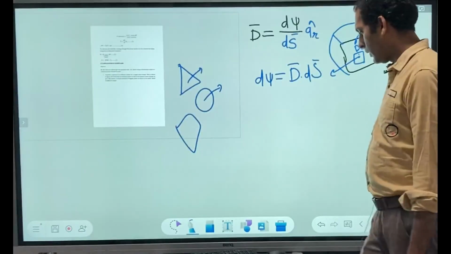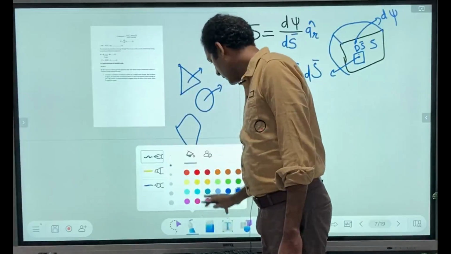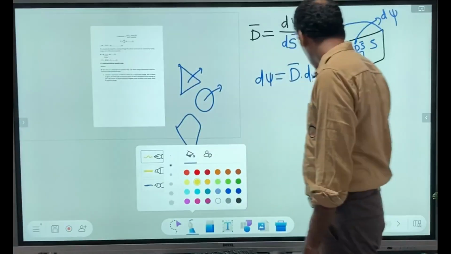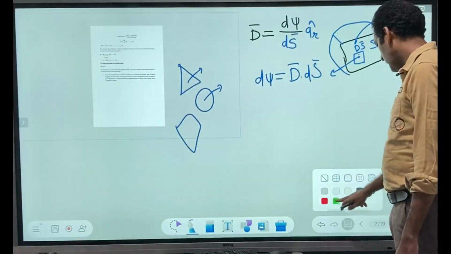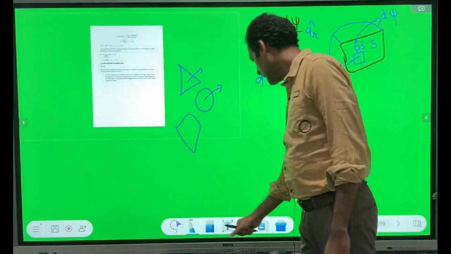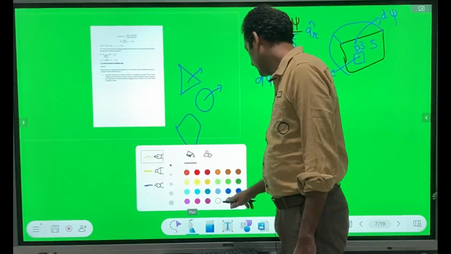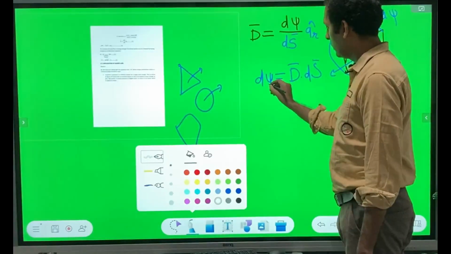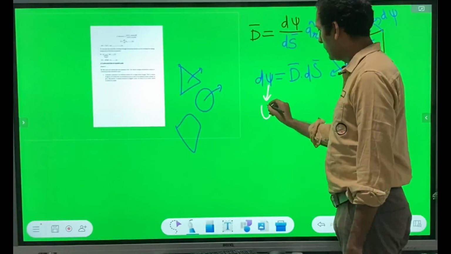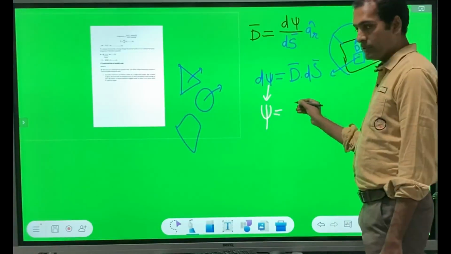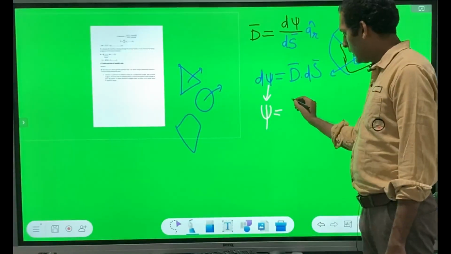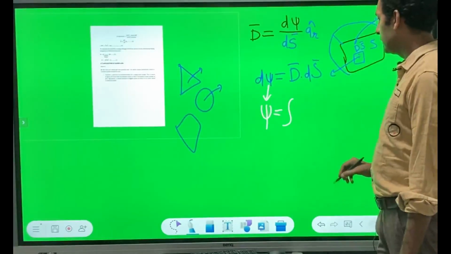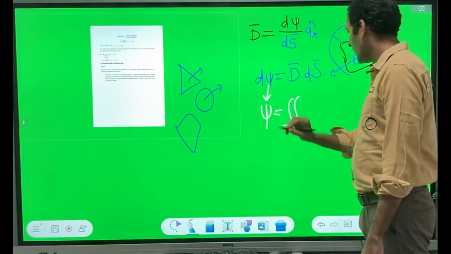Now if I want to find out the flux covered on the total region, the entire region, then what we can write for that, say for the total flux psi, on the right hand side we have to take the integration. But which integration? Double integration, because on the right side we have a surface.